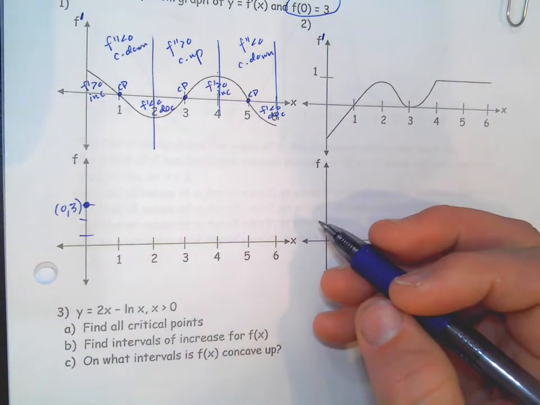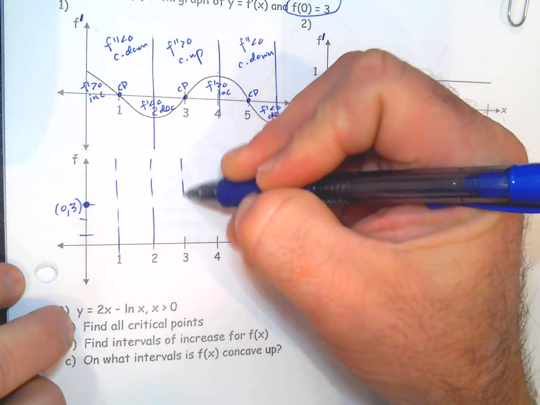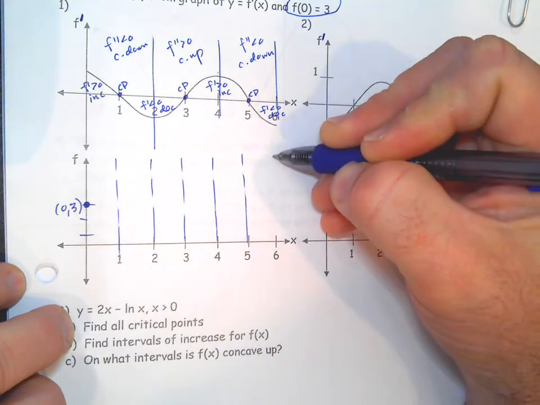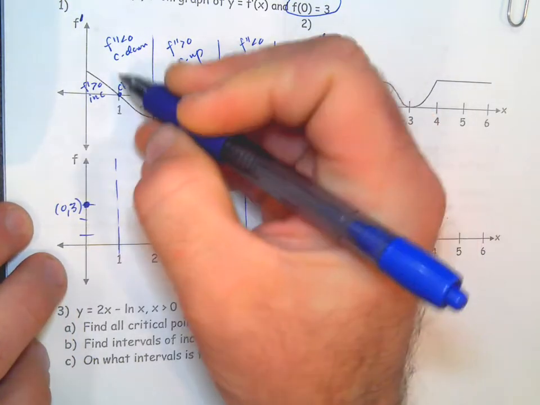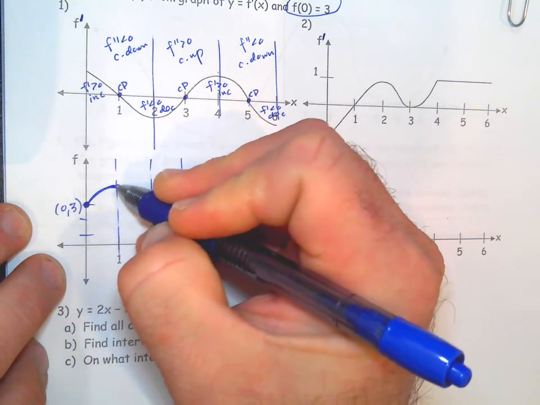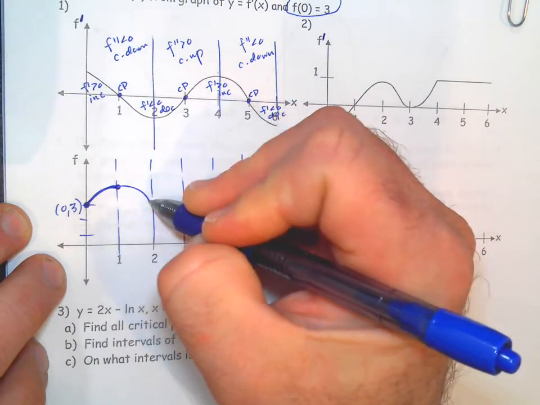I like to extend these just to make it a little easier to see where I'm trying to get to. The first one is increasing but concave down. I usually do almost like little quarter circles. This one's decreasing and concave down.